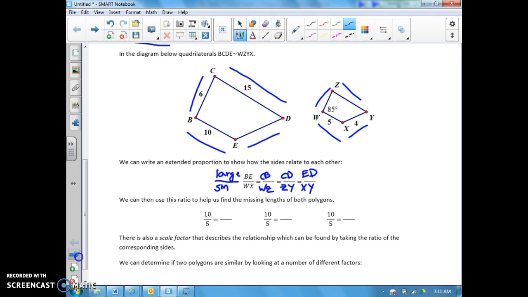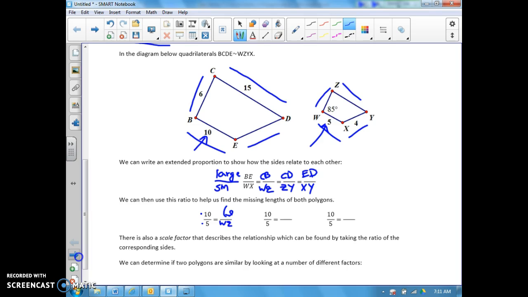If you look, I've got both BE and WX, so I'm going to use those to help me solve the rest of them. BE is 10, WX is 5. Well, let's look at the side CB over WZ. Well, CB is 6, WZ we don't know, so I'll leave it as WZ.